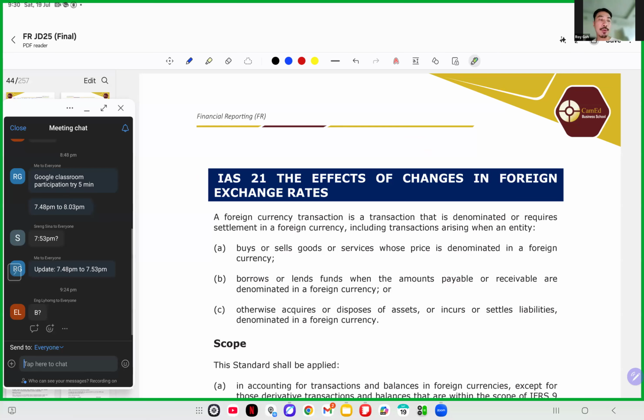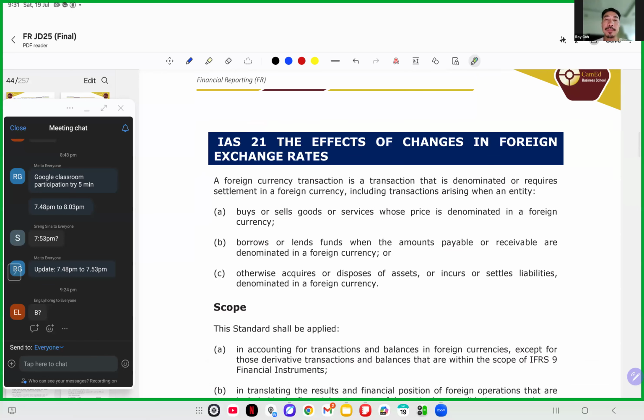But when I teach in Singapore, we only use one, the Singapore dollar. When you come to Singapore and visit for a holiday, for example, you do not bring Khmer Riel. You do not bring US dollar. So the local market in Singapore uses only the Singapore dollar. So you have to exchange. Therefore, when is IAS 21 applicable?